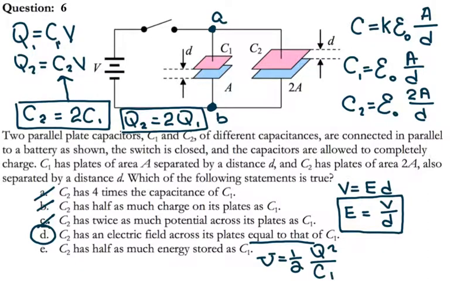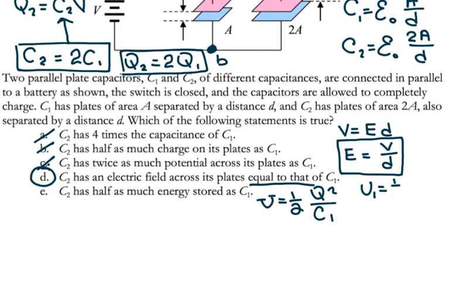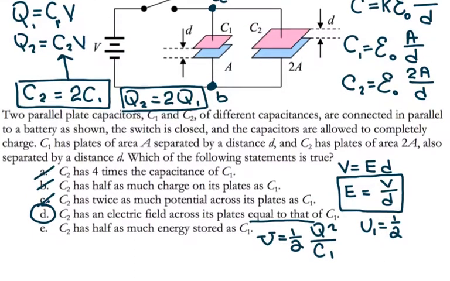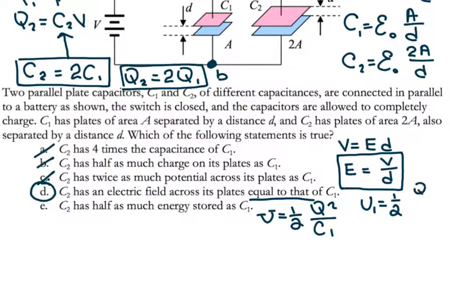So for U1, let me rewrite it like this: 1/2 Q1 squared divided by C1, and the potential energy of the second one is 1/2 Q2 squared over C2.